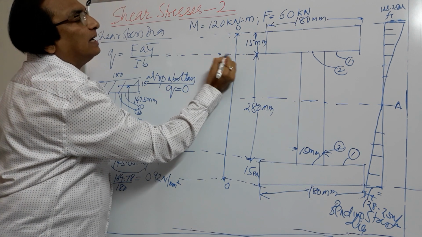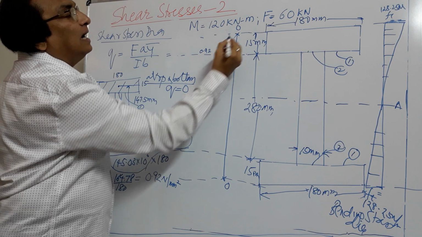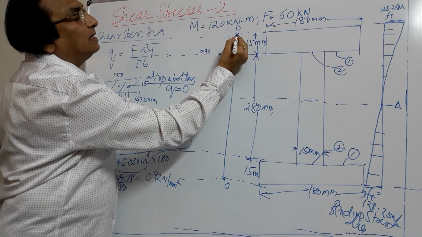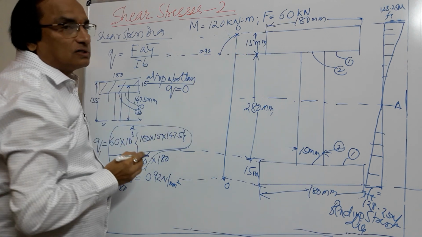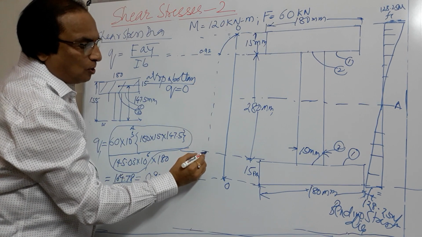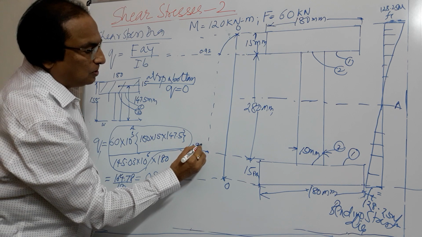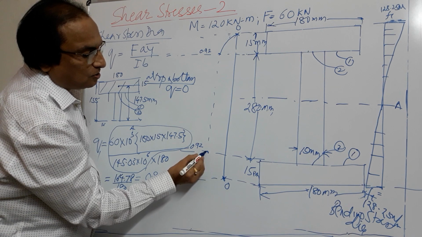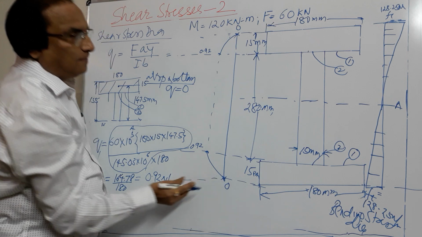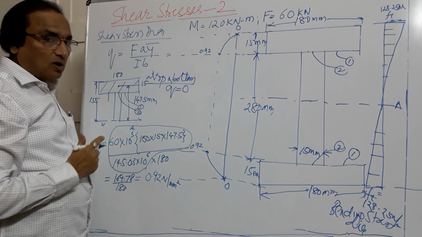So if I plot a line here at 0.92 Newton per mm square, I'll have to join these 2 points. It is a parabola. We have seen it's a parabolic distribution. Since it is symmetrical, at the bottom also this portion will be 0.92 Newton per mm square. This is 0. We will join by a parabola. So for this flange portion at the top and bottom, we got the stresses.